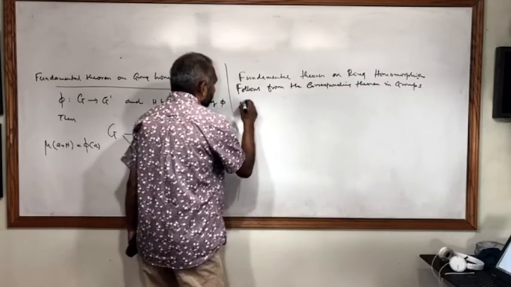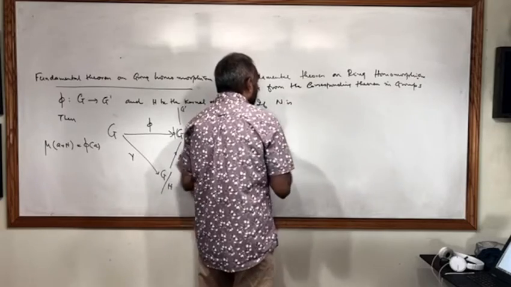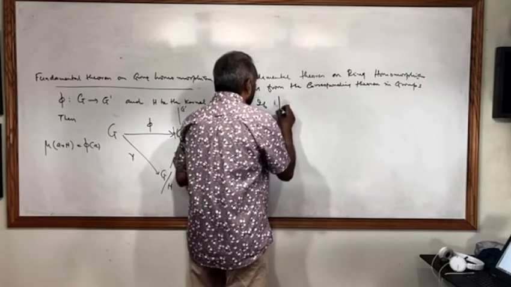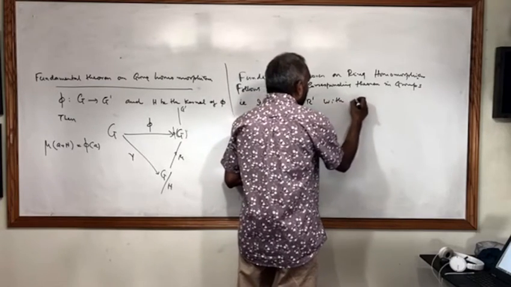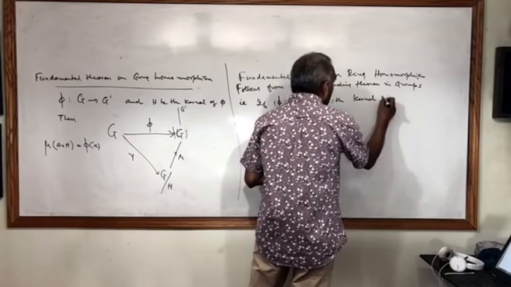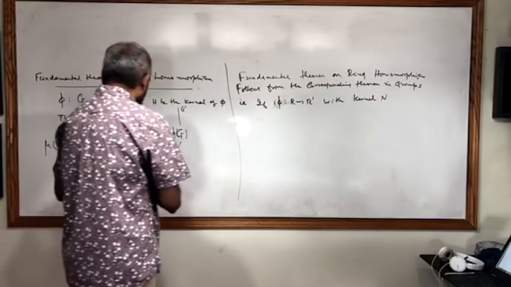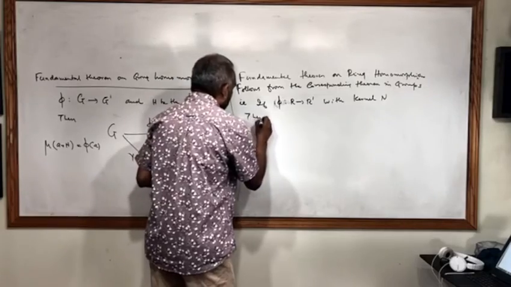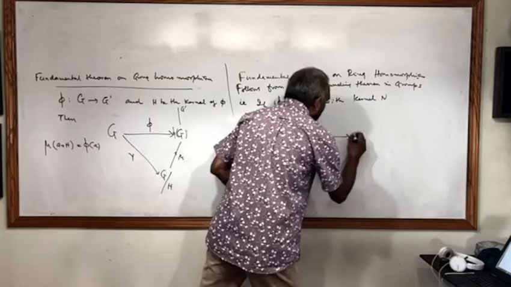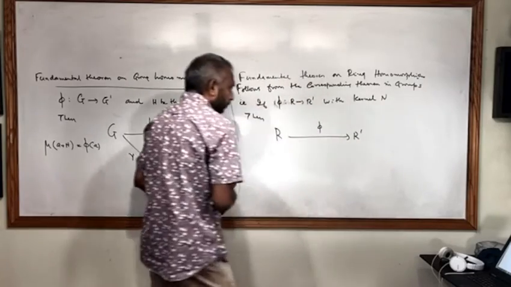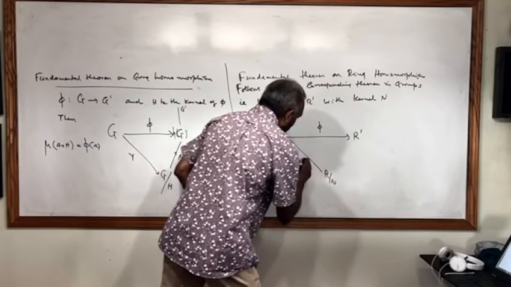That is, if phi is a ring homomorphism from R to R prime with kernel N, then from R to R prime is phi, and here there will be an R over N. We already established this one.